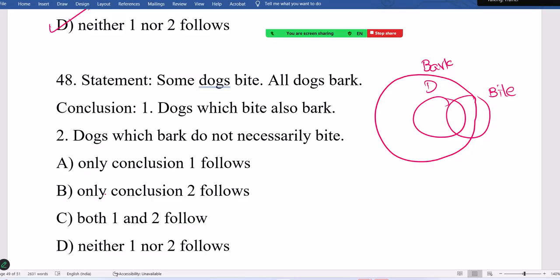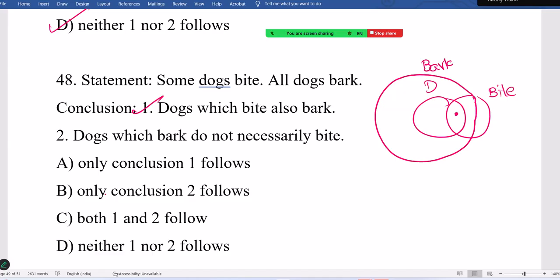This is one diagram. Now, dogs which bite also bark. Yes, as all dogs are barking, dogs which bite also bark. Correct. Dogs which bark do not necessarily bite.